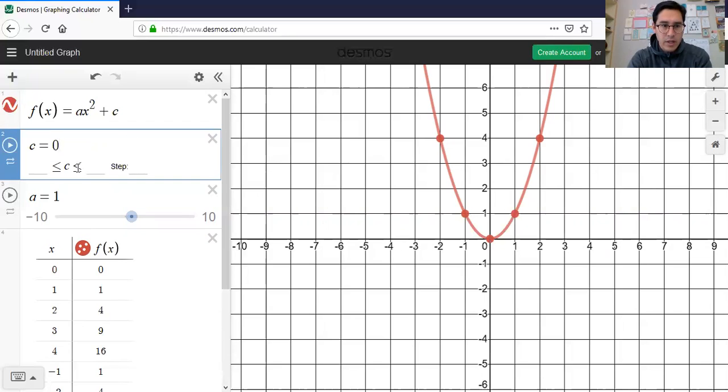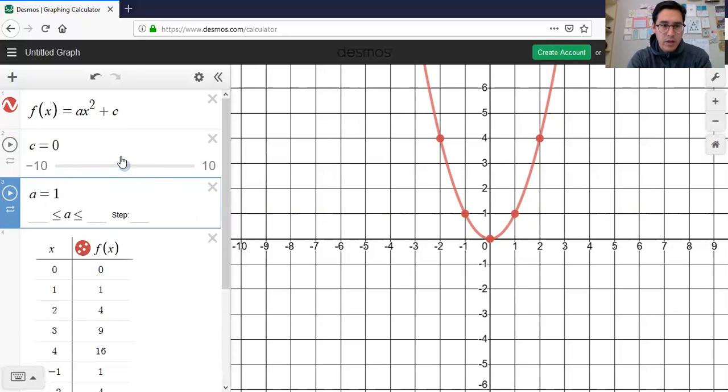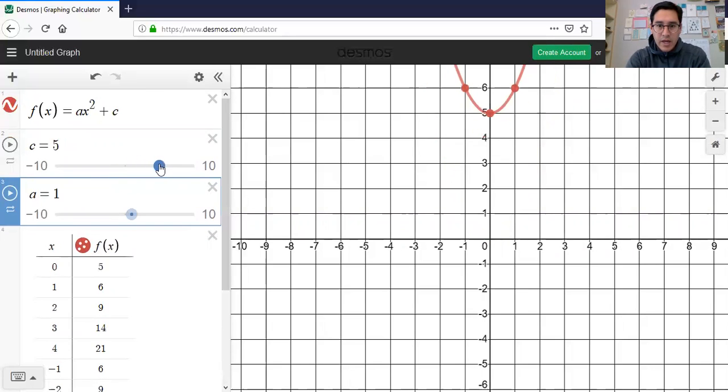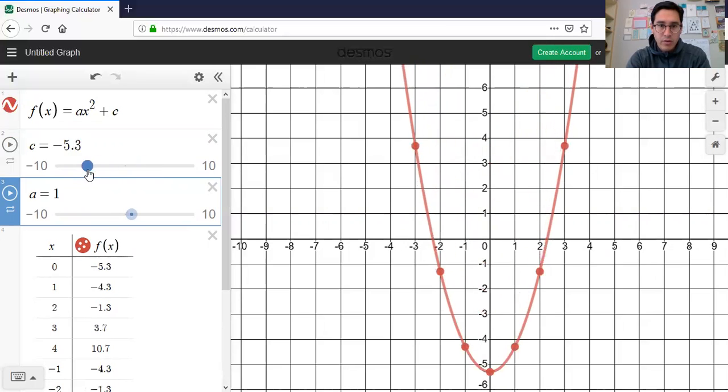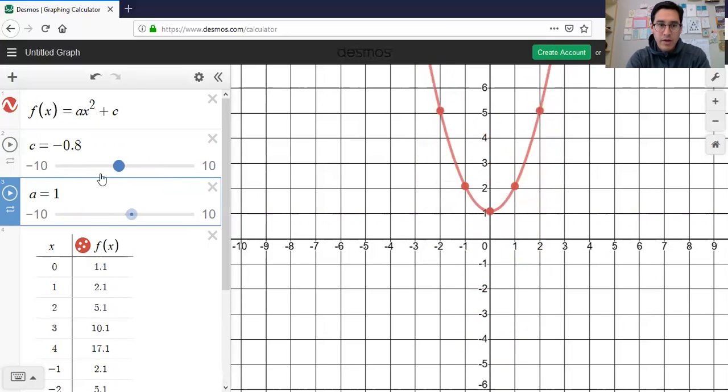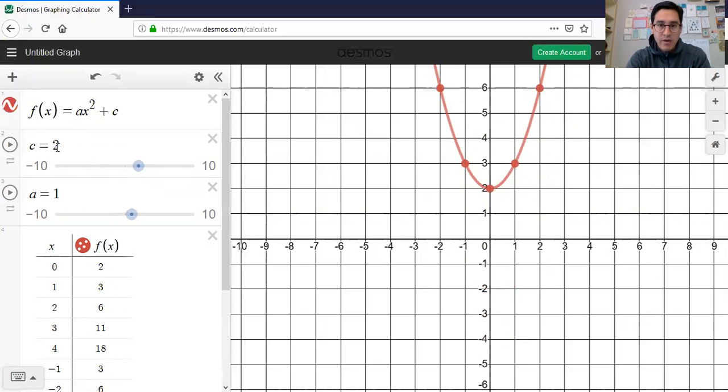So we know that the constant is just going to shift all the points up or down. Okay, so the whole parabola just moves up or down depending on that c value, that constant. And whatever it is, for instance, if I set it at 2, that's going to be also the point where the parabola crosses the y-axis.